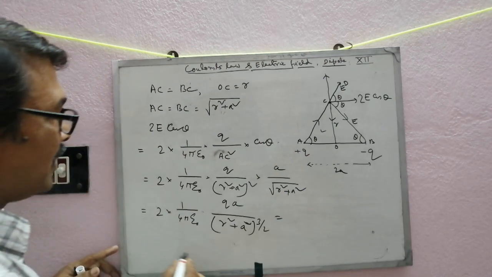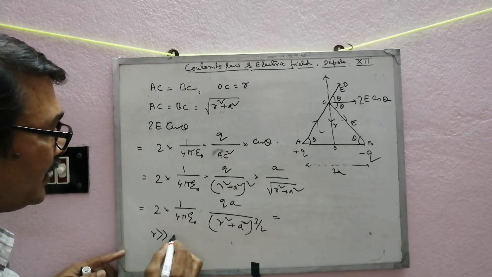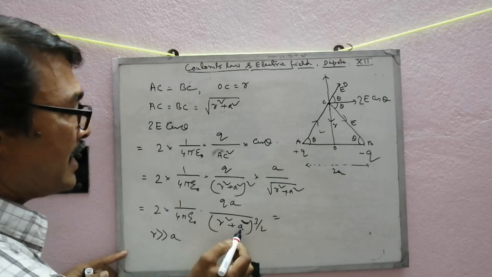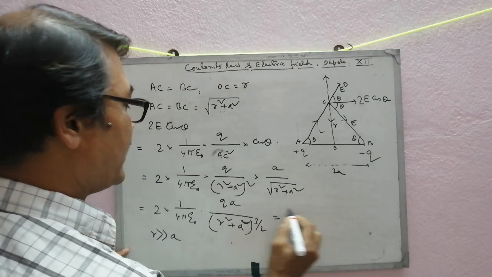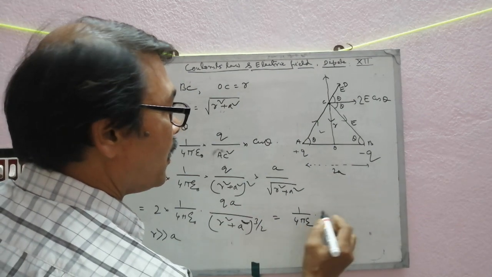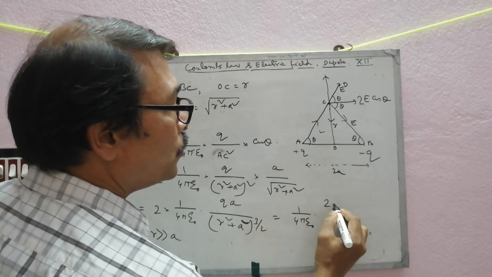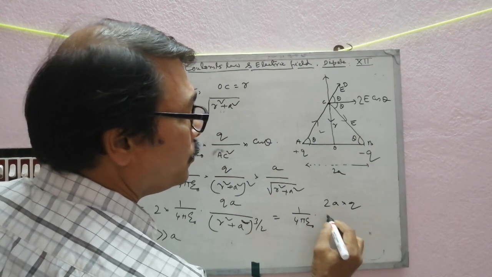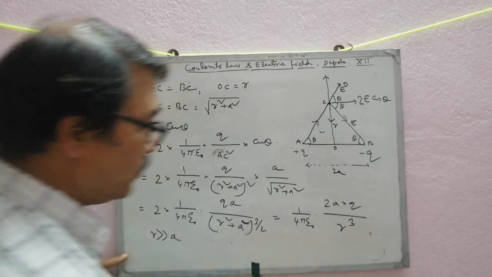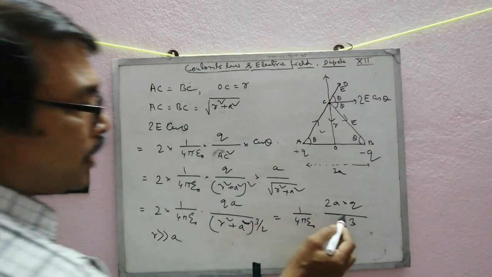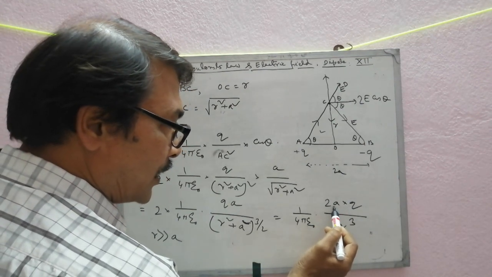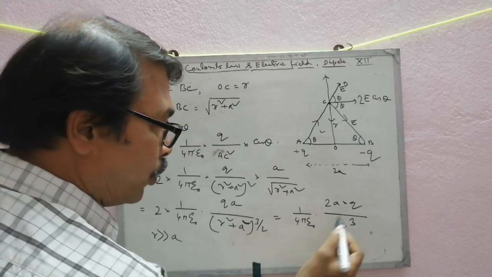Similarly to the previous case, R is greater than A, so this A square we may neglect. Final result: 1 by 4 pi epsilon naught, 2A into Q by R cube. 2A into Q, the charge into the distance between the two charges, is the dipole moment.